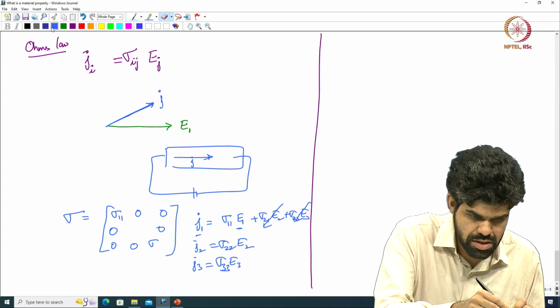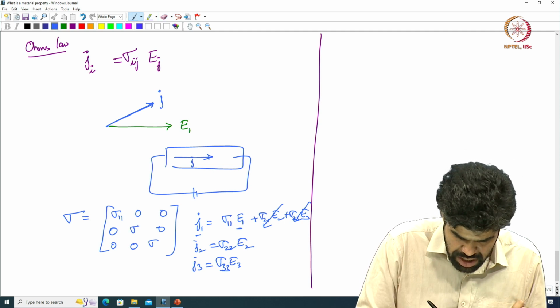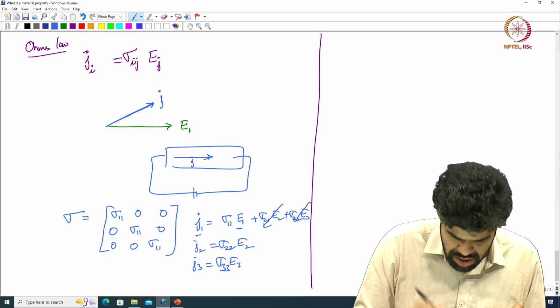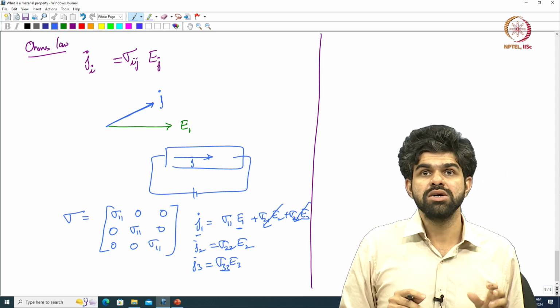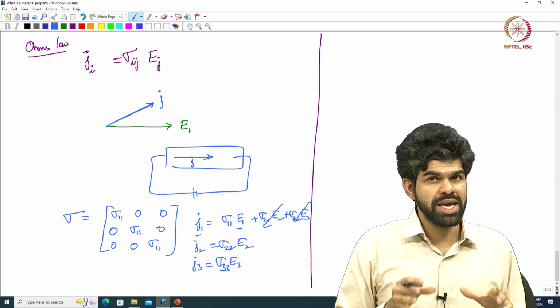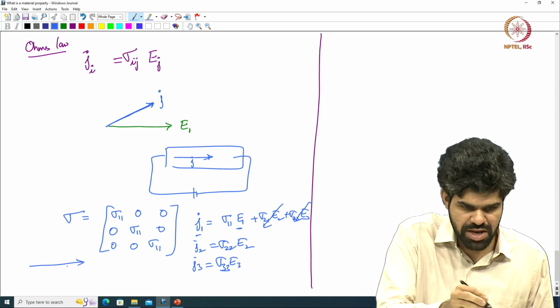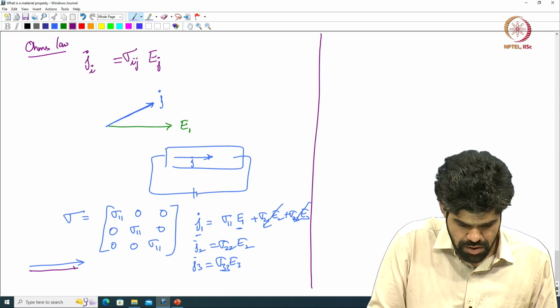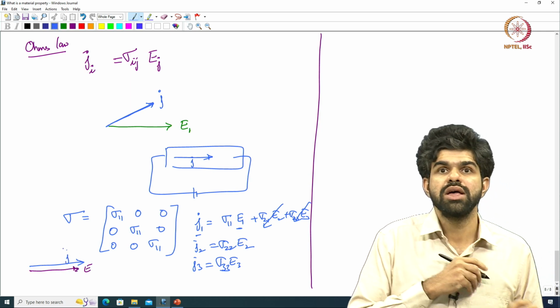To make it much simpler, I will make all these quantities the same: this is sigma 11 and this is also sigma 11. So in this very simple case the current follows the electric field. If I have an electric field in this direction, the current also follows the electric field.